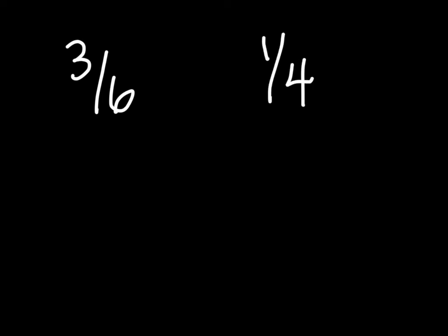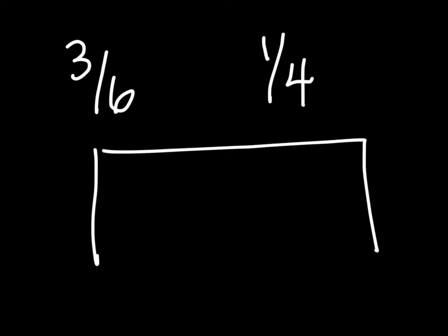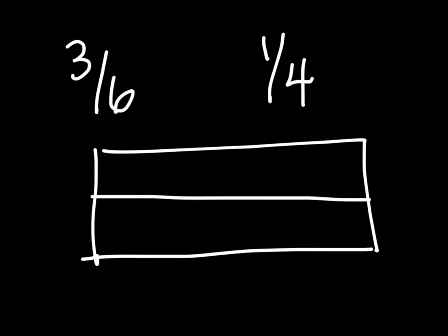So as you guys remember from our last video, when we compare fractions, we learned how to draw pictures. So if I had the two fractions 3/6 and 1/4, we would draw ourselves two fraction bars and we would compare. We'd put 3/6 and 1/4.